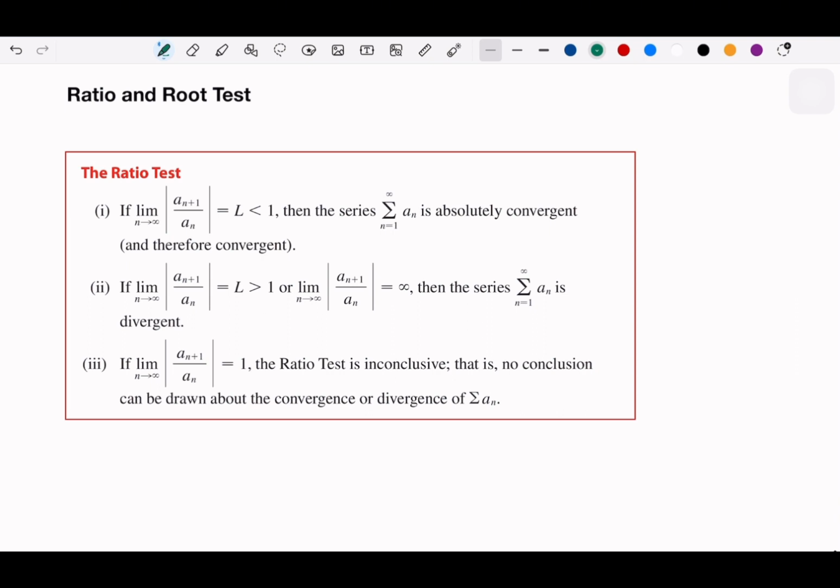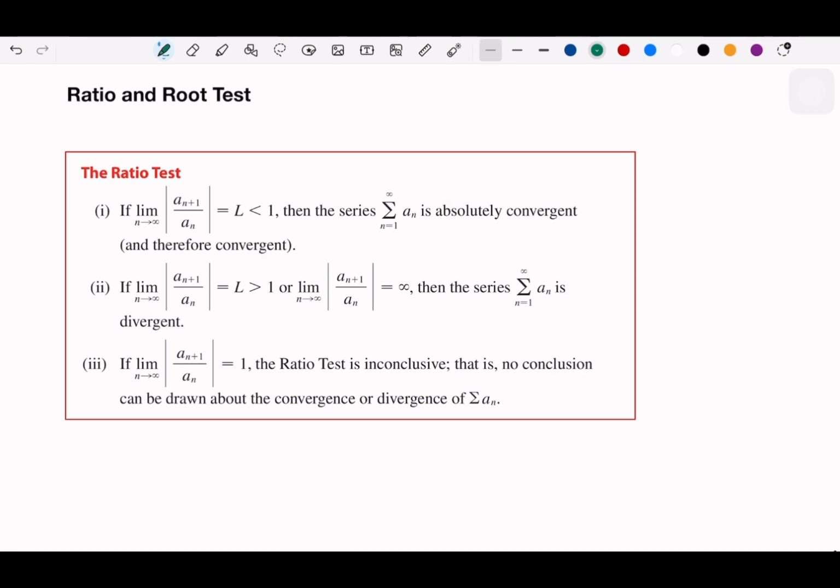So there are three statements. We are going to take the limit of, from the series, this sequence an, and we compare the next term and the previous term, an plus 1 and an.